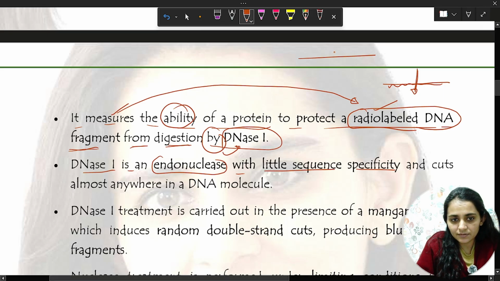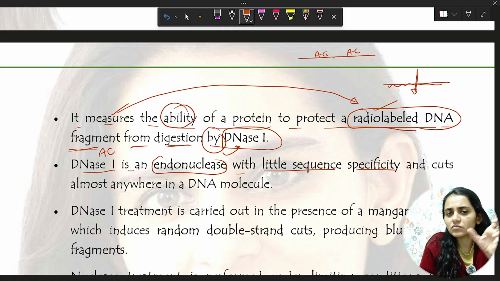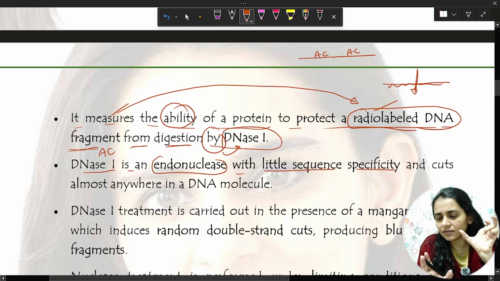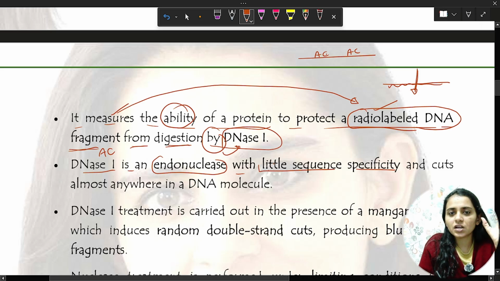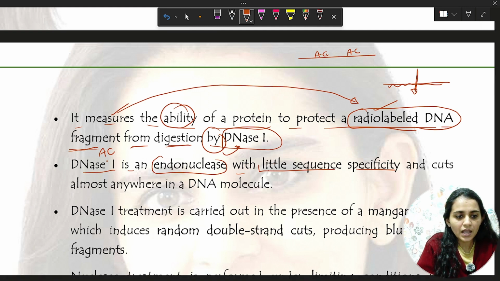So if we see in this strand, its specificity is not so much, it's just two sequences, just A and C. So the probability of A and C repeats will be so many in the single strand. That's why it can cut very rapidly and anywhere in the DNA molecule.